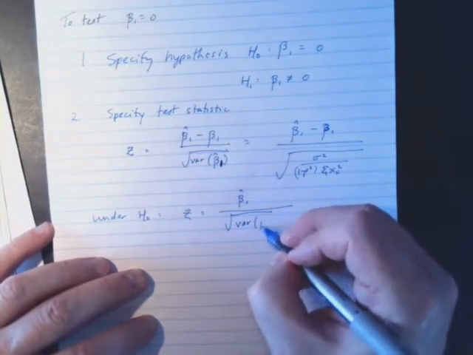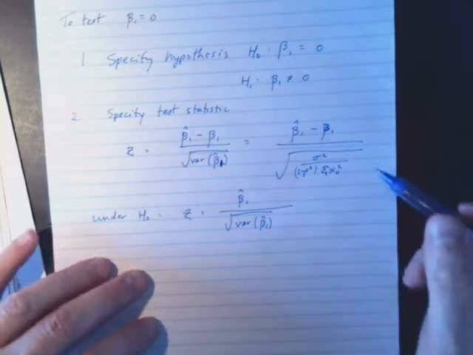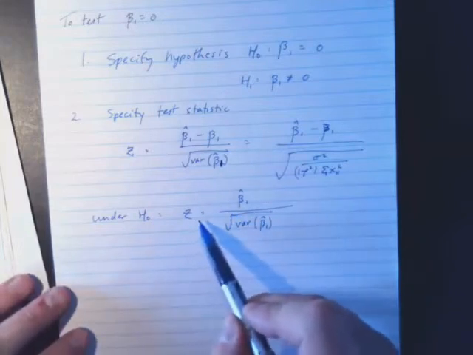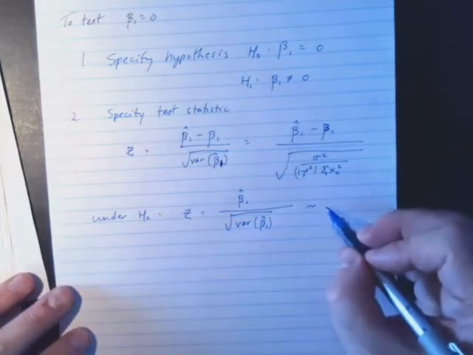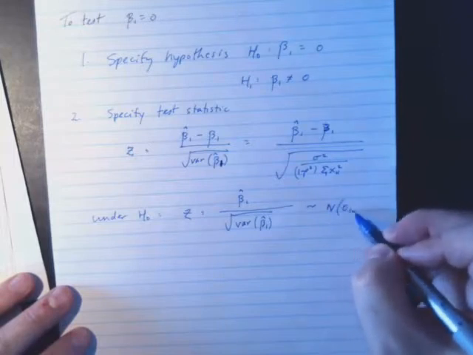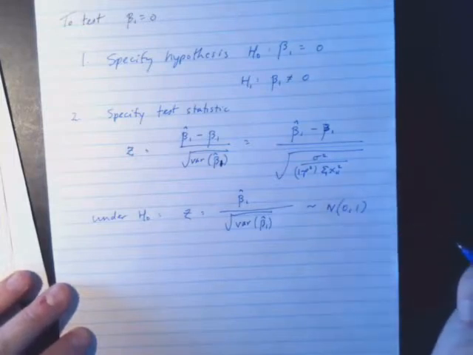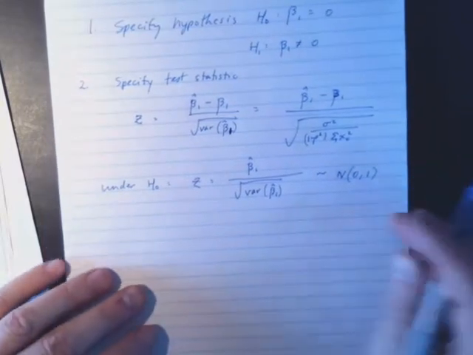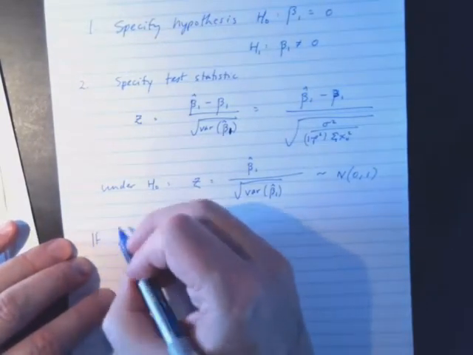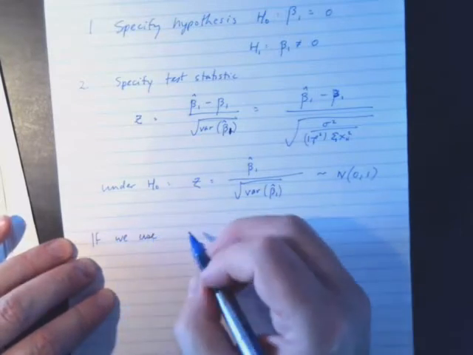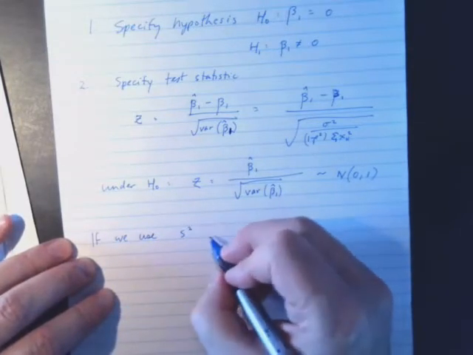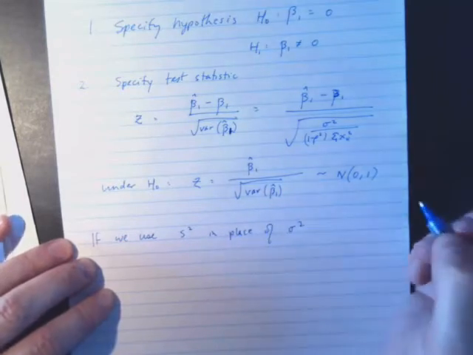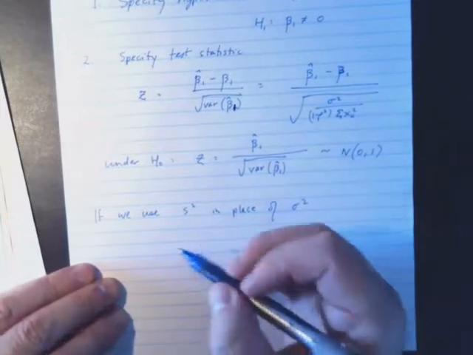Square root of variance of beta 1 hat. Okay, so under the null hypothesis, that's what z equals, and it's distributed normally with a mean of 0 and a variance of 1, so it's standard normal. If we use s squared in place of sigma squared, you know what is going to happen.